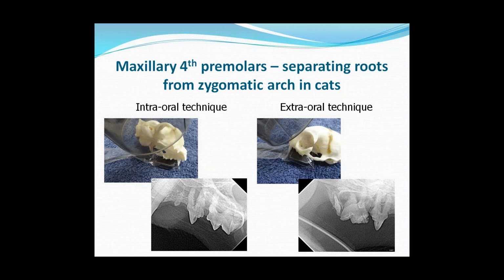So it's much easier to visualize the mesial and the distal roots using an extraoral technique rather than an intraoral technique. I'll change those over at the end of the presentation and put them back up for you. I apologize for that.